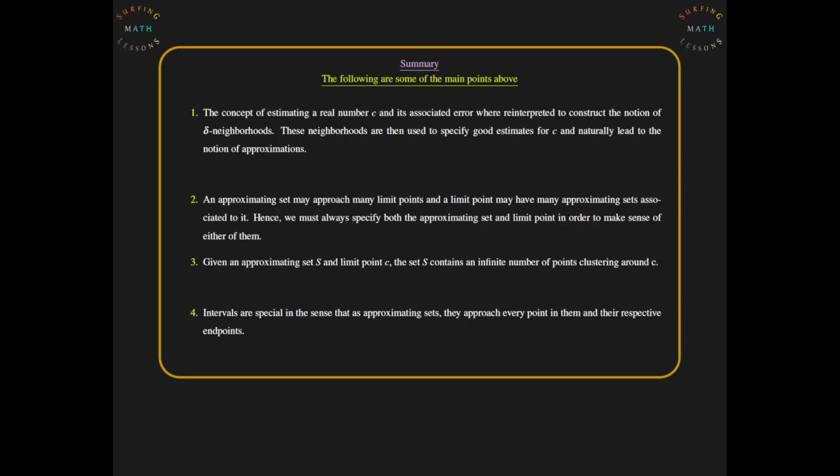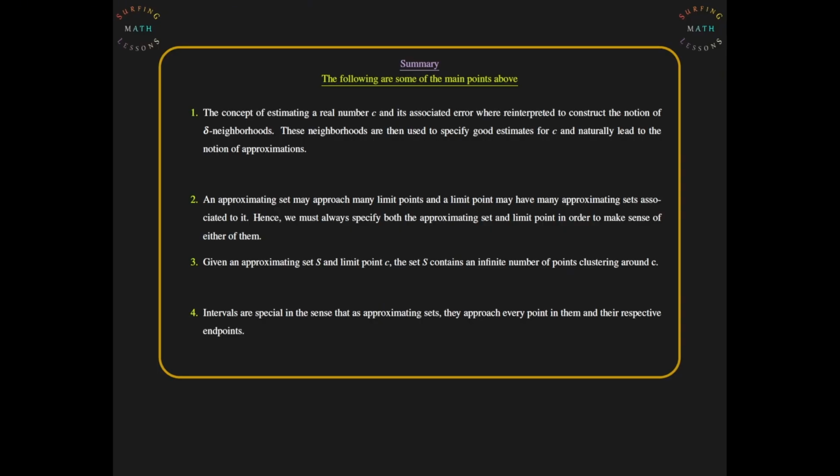Hence, we must always specify the approximating set and the limit point in order to make sense of either of them. Third, given an approximating set S and a limit point C, the set S contains an infinite number of points clustering around C. And lastly, intervals are very special.